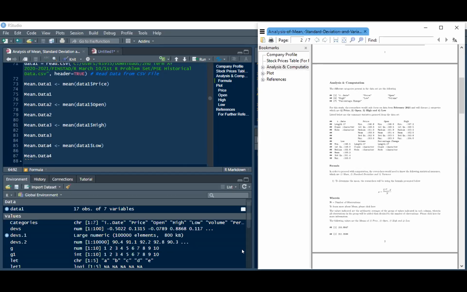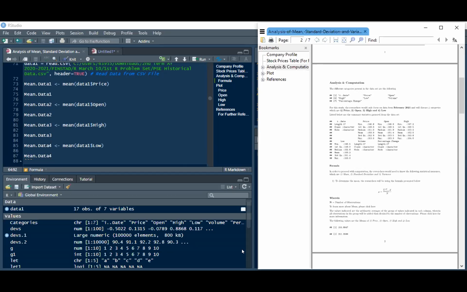So the dollar sign is actually subsetting. That's one way to subset. So here they're saying that they're only going to get the mean of data one, specifically the price column. That's the standard way of identifying a particular column in a data frame.